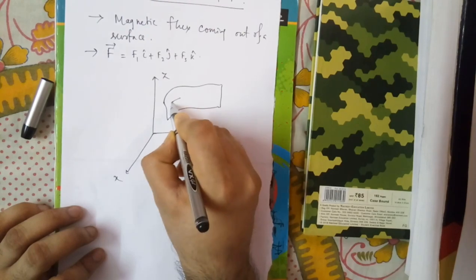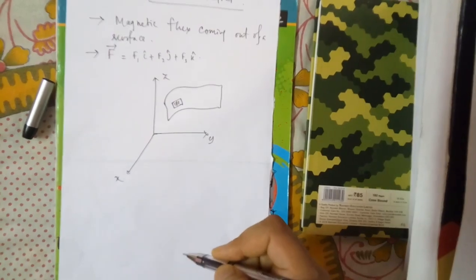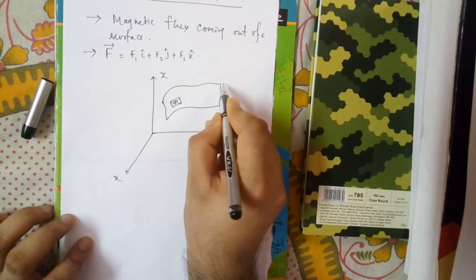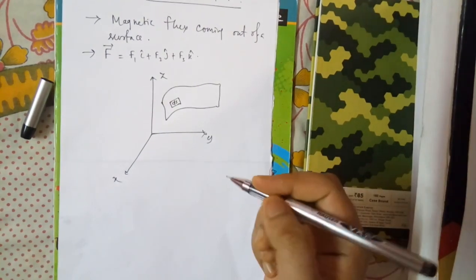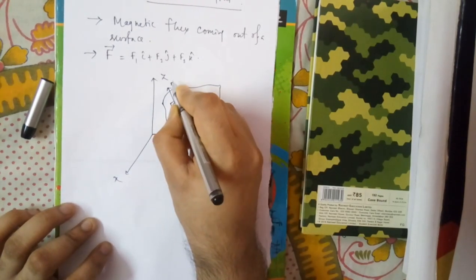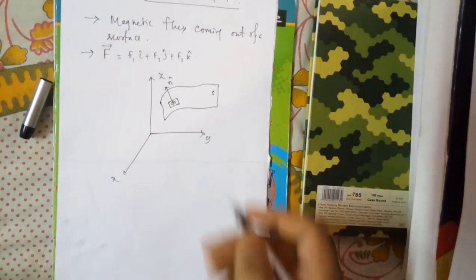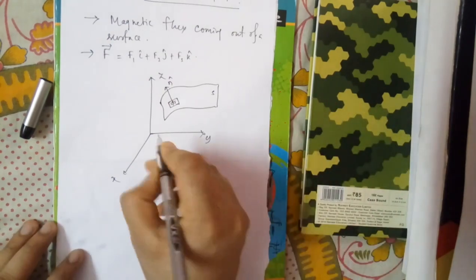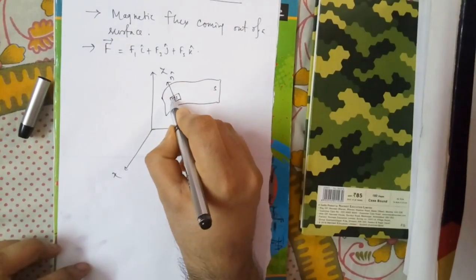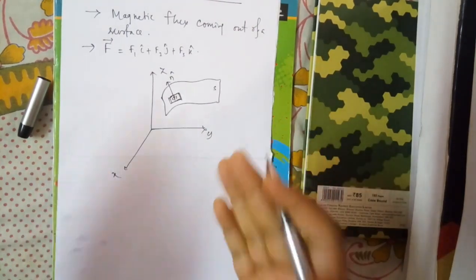So we take a small area element dS. Now we want to integrate over this entire surface. This is the normal unit vector to the surface S. Now what we can do is project this small area element to either the XY plane, the YZ plane or the ZX plane.